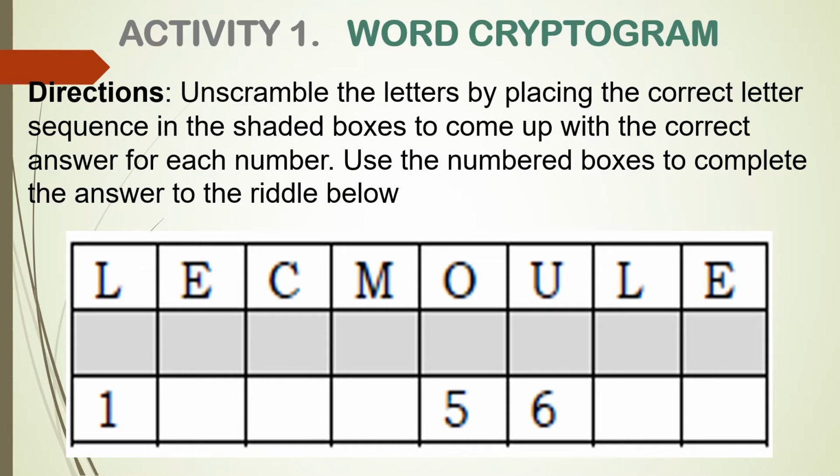Here is the direction: unscramble the letters by placing the correct letter sequence in the shaded boxes to come up with the correct answer for each number. Use the numbered boxes to complete the answer to the riddle below. Here is the first word. What do you think would be the first word? Okay, molecule. Correct. This is molecule.